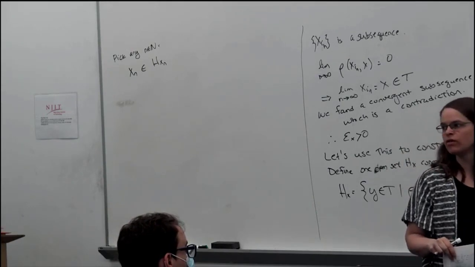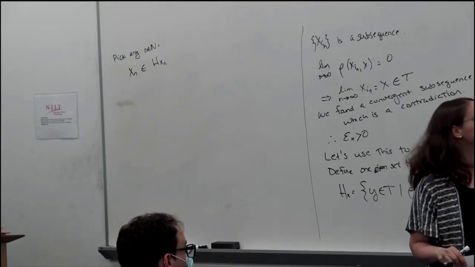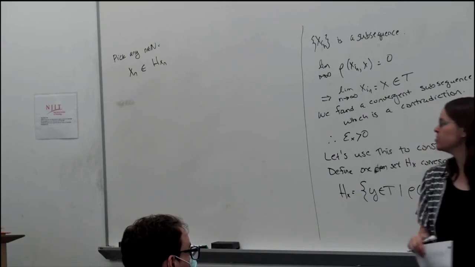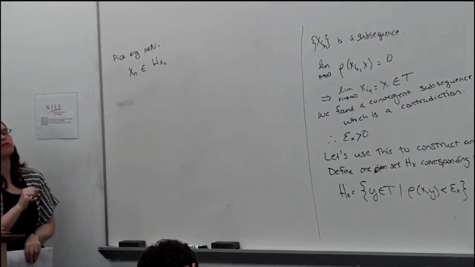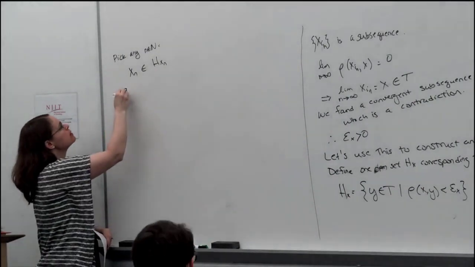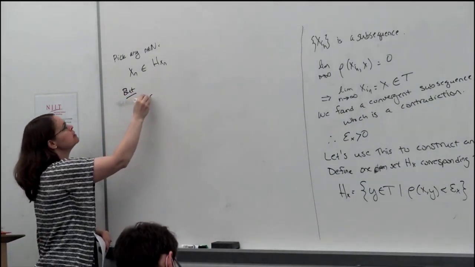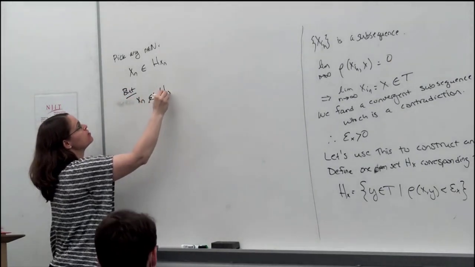This ball contains maybe a bunch of points in the set, but it never is able to reach any of the points in my sequence. So if I look at any point in my sequence, it lives in this set, but it doesn't live in any of the others.